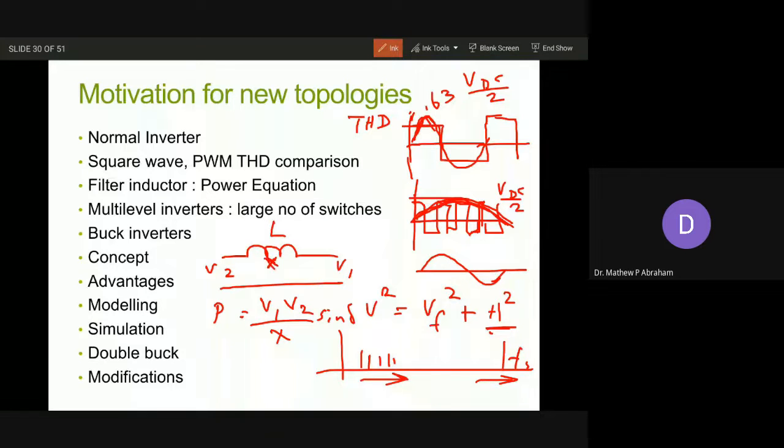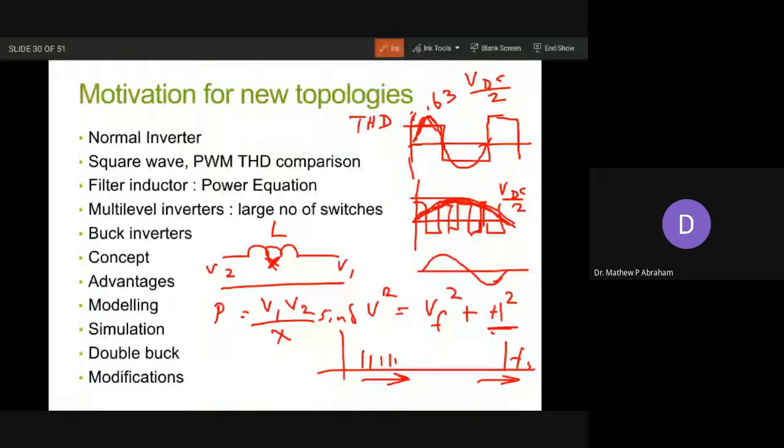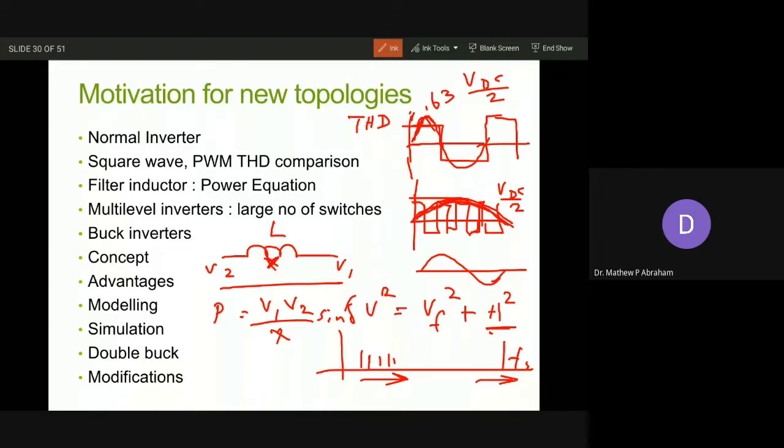So the higher the value of X, the value of delta to be used for power transfer has to be more. So instability will be more, right? So we have to reduce the value of L so that we can operate with a small delta, and we can reduce the value of L only if it is possible to have a lesser amount of harmonics. So people were making use of multi-level inverters.